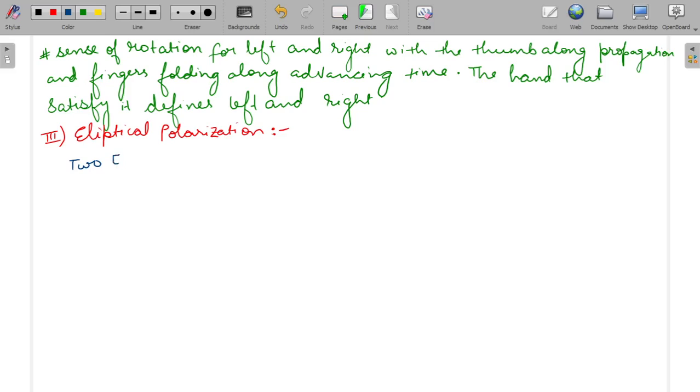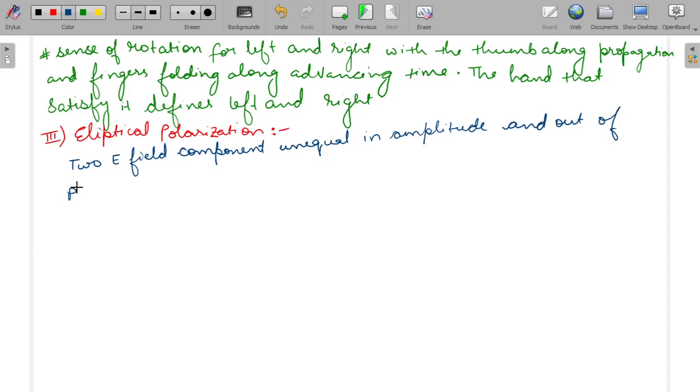Two E field components unequal in amplitude and out of phase by 90 degrees in time.